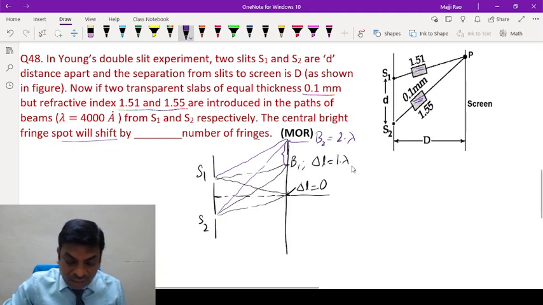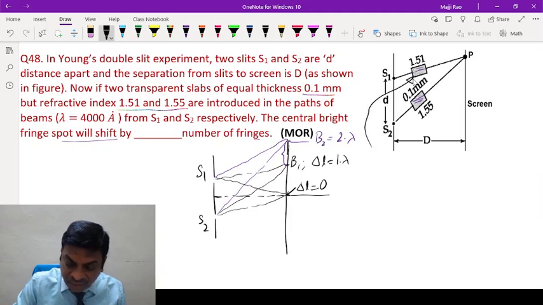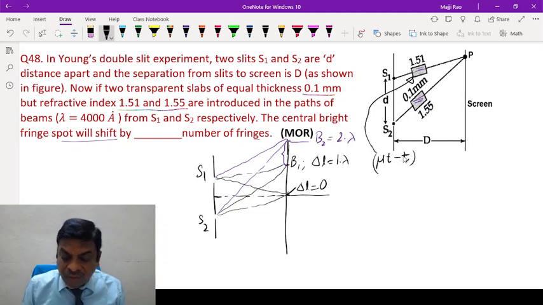So our first step will be to calculate the change in path difference as a result of the introduction of the two slabs. Now, for the first slab, or in general for any slab, the change in path difference is mu minus 1 into t, where mu is the refractive index of the medium, t is the thickness.